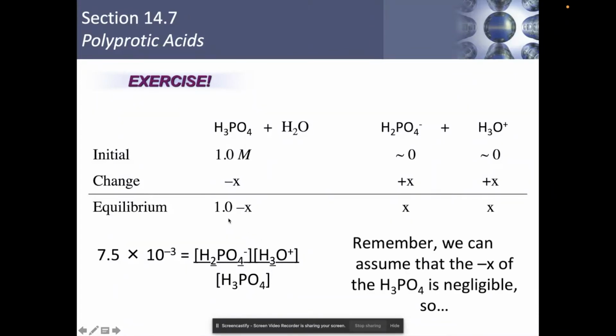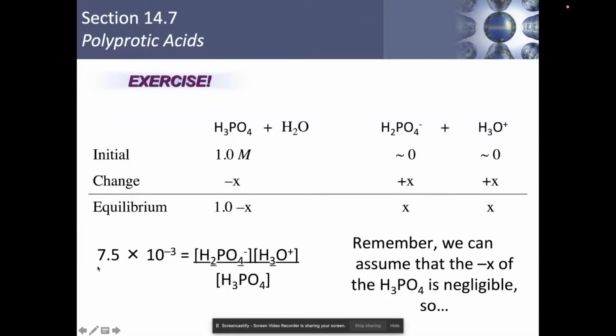And remember, our rule says that if this number here is less than 1 times 10 to the negative 3, I'm pretty much allowed to ignore the minus x part. And if that doesn't ring a bell, go to part 2 or go to part 1. It's explained in more detail there.